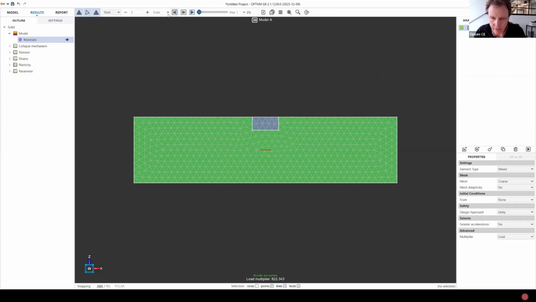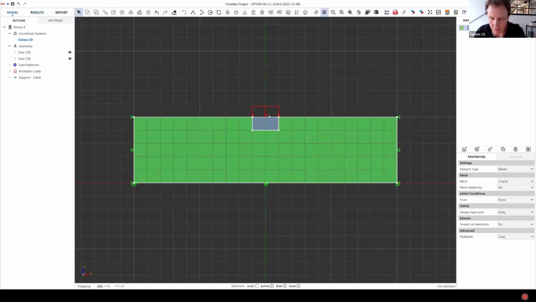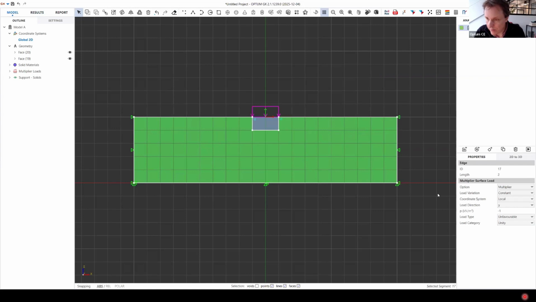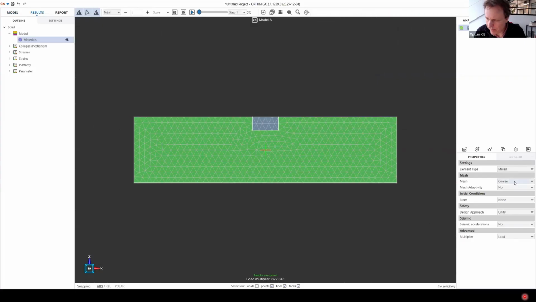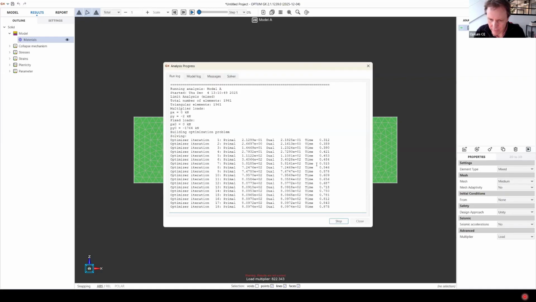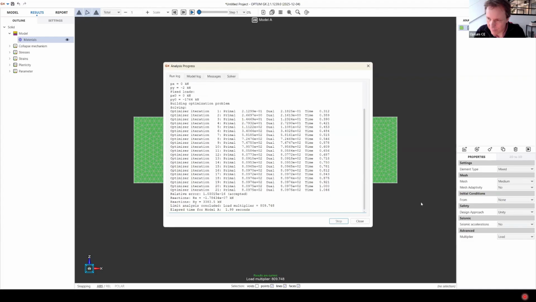So 822 times the load that we have on, which is 1. And we have the mesh settings here. We could increase the number of elements, as I think I've kind of covered in other webinars. With the mixed element here, it's very accurate even for small numbers of elements.